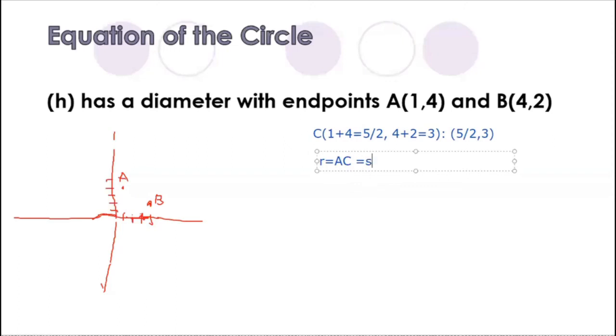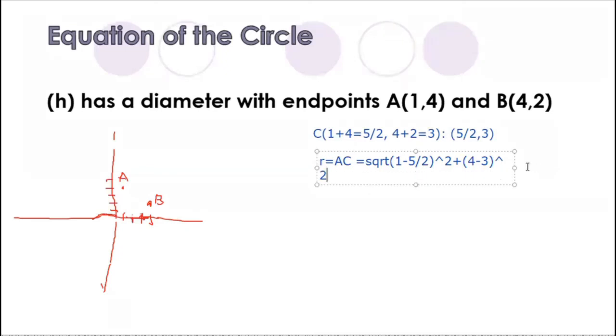Okay, so square root of point A, so 1 minus 5 halves, then square natin, raised to 2, plus sa y part naman, 4 minus 3 raised to 2. Okay? Square root yan.